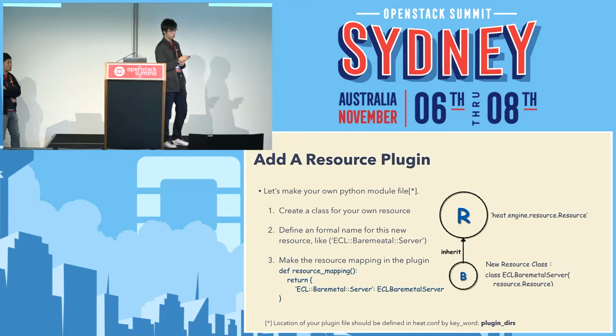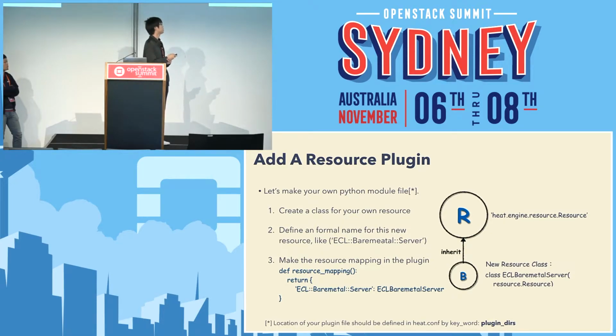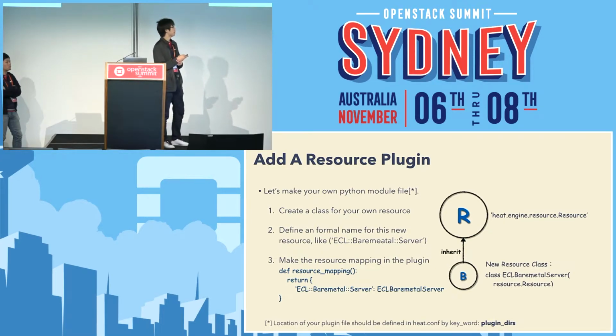First, we need to create a new resource class, which should be inherited from the base resource class, heat.engine.resource.Resource. After that, you need to define the official name for this new resource plugin class. For our case, it's ECL::BareMetal::Server. And finally, you need to make a mapping between the resource plugin name and the class.